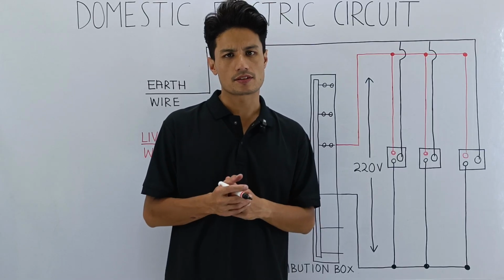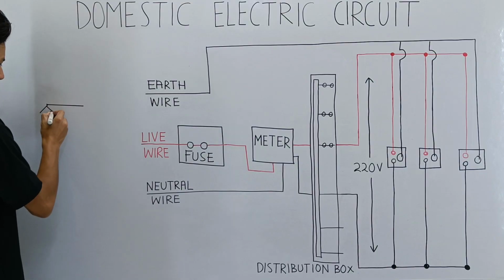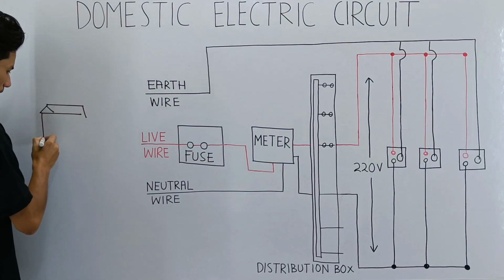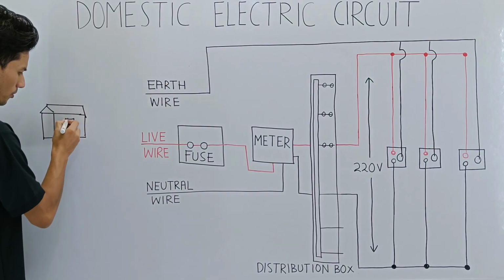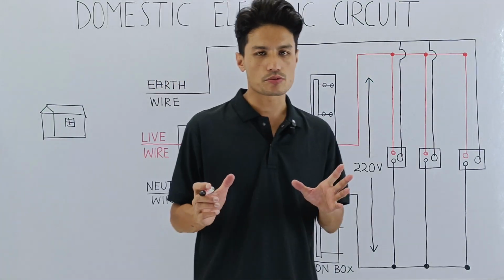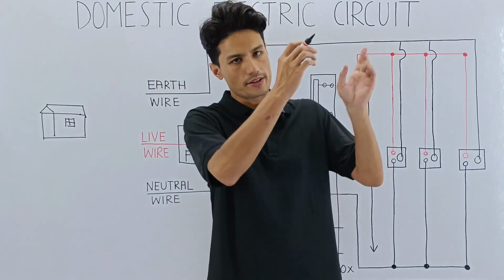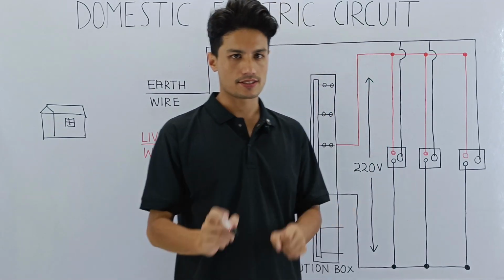From where do we get electrical connection in our home? Let's say this is our home. Electrical connections in our home, my dear students, are brought from wires which are running on the light posts, which are called the mains.